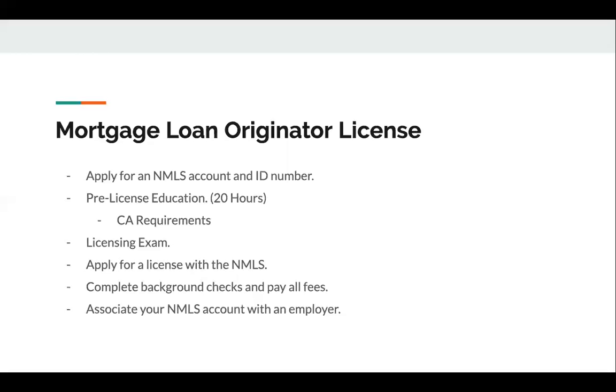They'll do a bunch of background checks and make sure that you're paying a bunch of fees. Then you can associate your NMLS number with an employer. Any mortgage bank or any bank in general usually has a lot of MLOs who originate loans for them because people need mortgages to buy houses. And that's pretty much it for the MLO.